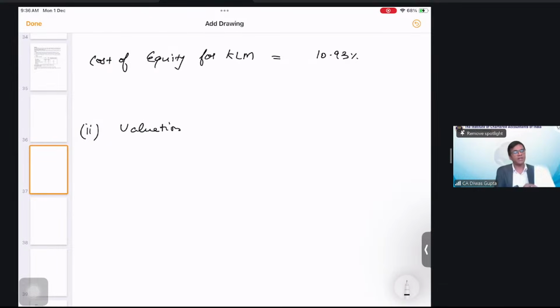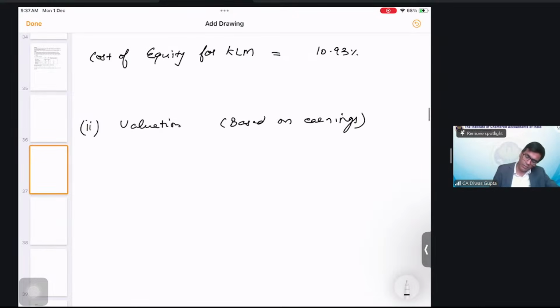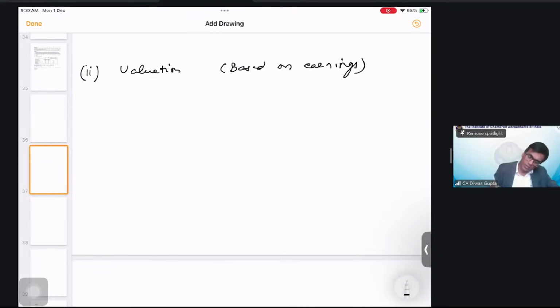So we can use the earnings model, valuation based on earnings. Using proxy, using XYZ, right? The XYZ means the new company which is going to take over, right? From their perspective.